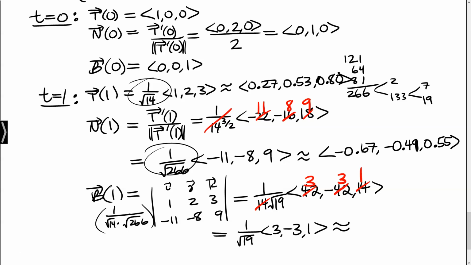And let's get some approximations for this as well. 3 over square root 19 is about 0.69. Okay, so 0.69 minus 0.69, and then 1 over root 19 should be about 0.23. Yes, it is 0.23.